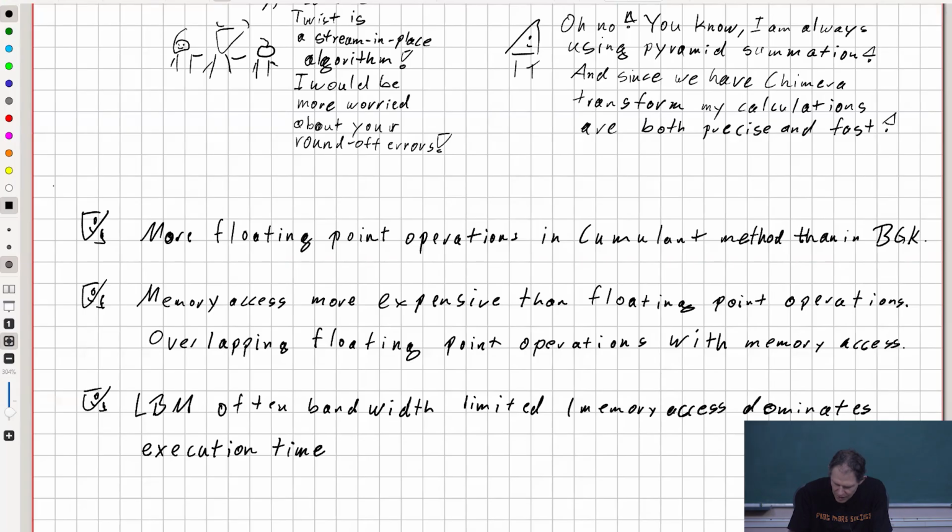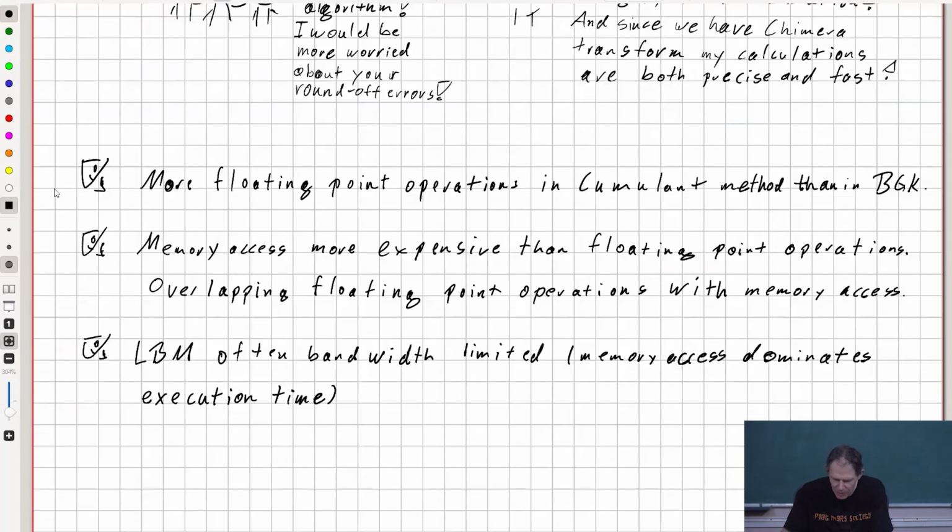And this usually becomes different with the cumulant method, because the cumulant method can be, but does not need to be, depending on the implementation and the computer that you have, compute bound or compute limited.